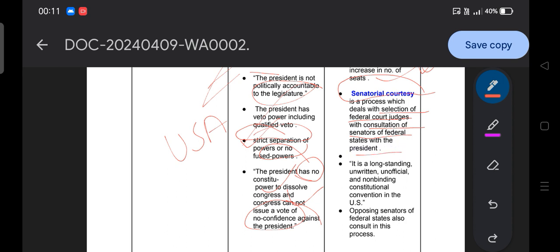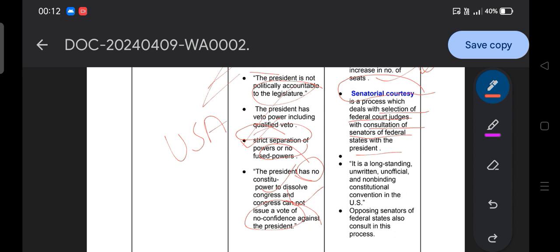So when you are appointing judges of the federal court, the president needs to consult with the senators, because there is a dual kind of judiciary, and the states are also strong. So here the senator also plays a vital role in the selection of judges of the federal court.